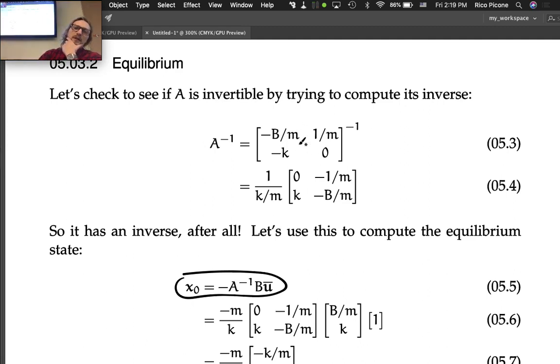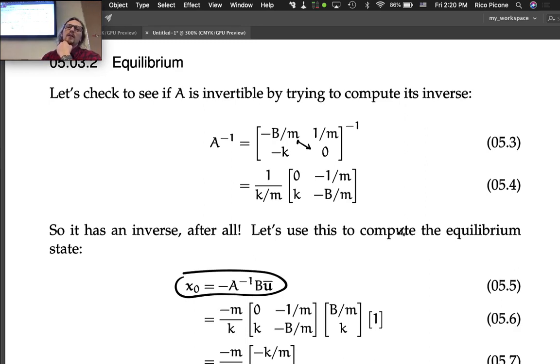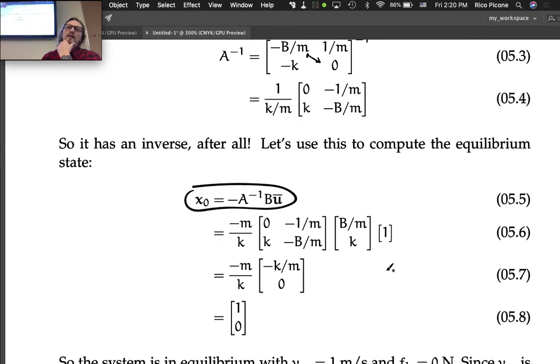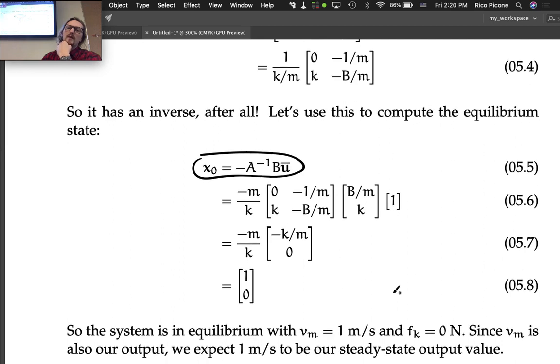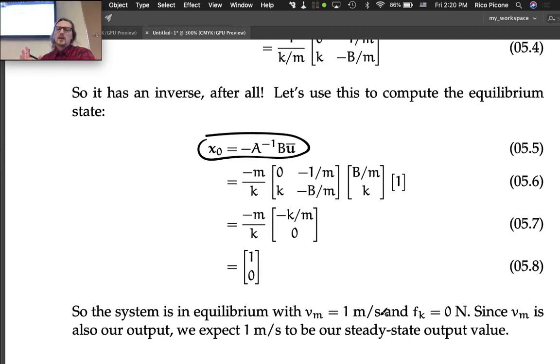So you can just flip these two, and you can change the sign on these other two in the diagonal, divide by the determinant of the matrix, which is the K over M. So, great. That's our A inverse. And so it has an inverse after all. Let's compute the equilibrium state. We just plug that A inverse matrix in that we just computed.